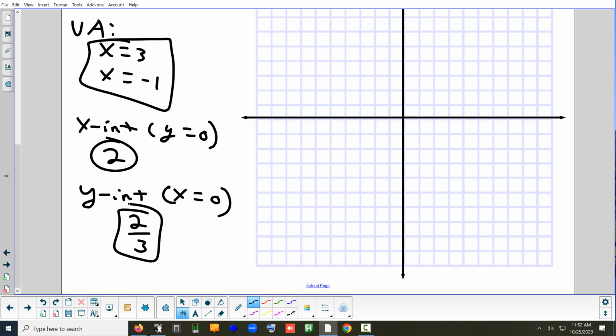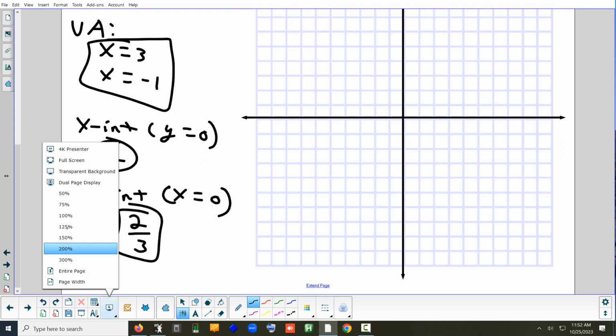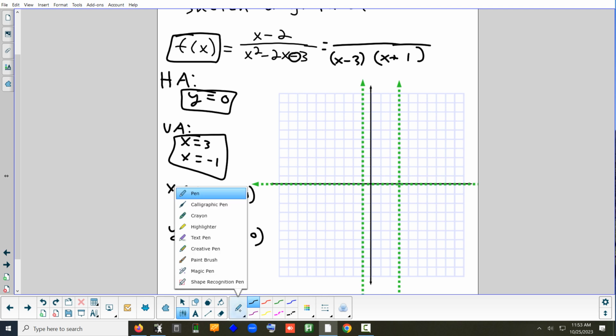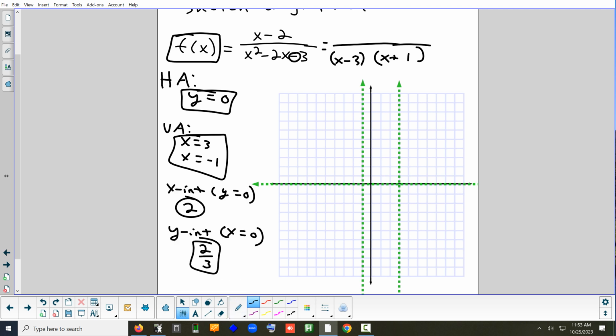Okay, so we've got enough information to start to set this up. So x equals 3. X equals negative 1. Horizontal at 0. What else do we know? X-intercept at 2. So, right there.